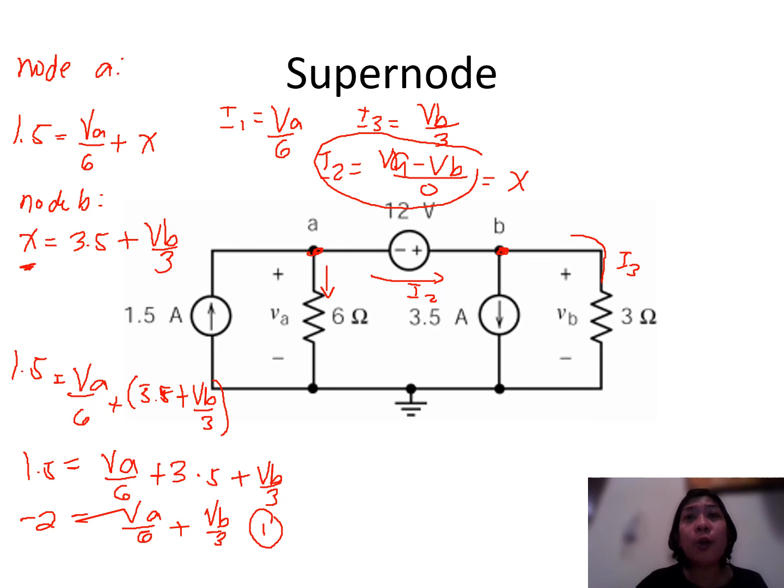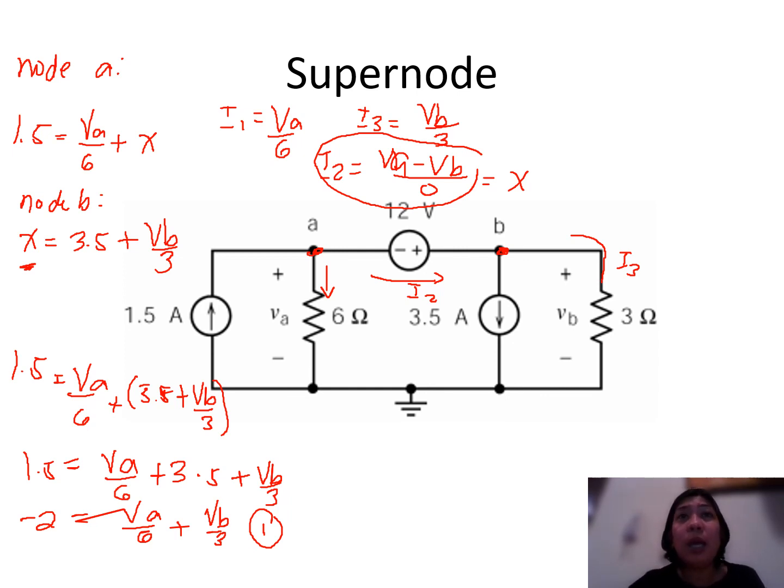So we have here your equation number 1. We cannot solve this equation for VA and VB because we have two unknowns, VA and VB, and we only have one equation. So where are we going to get our second equation? Our second equation will be coming from this branch here.